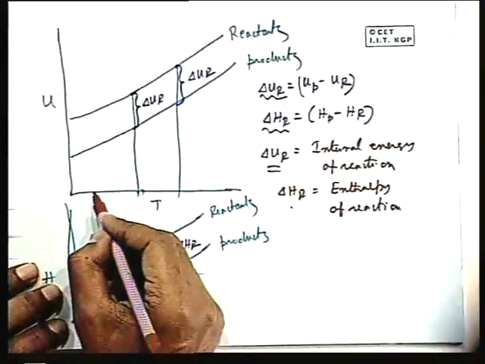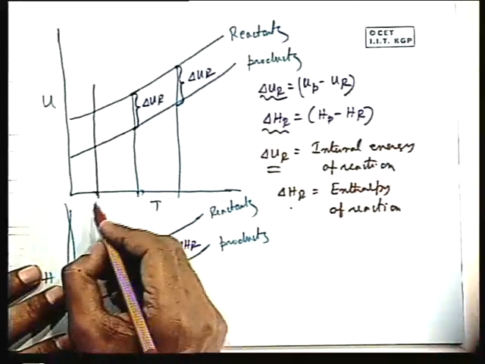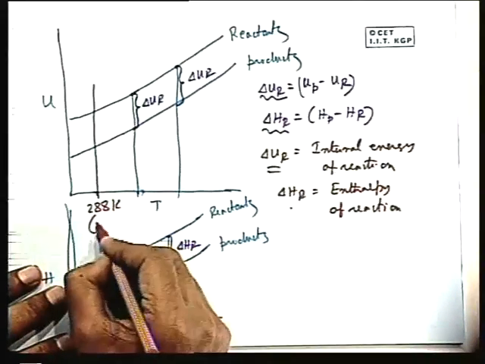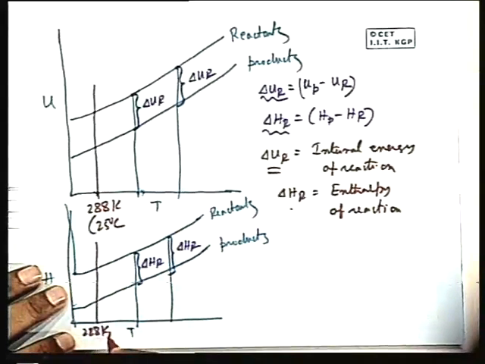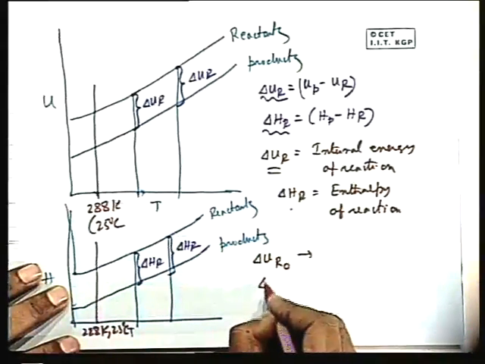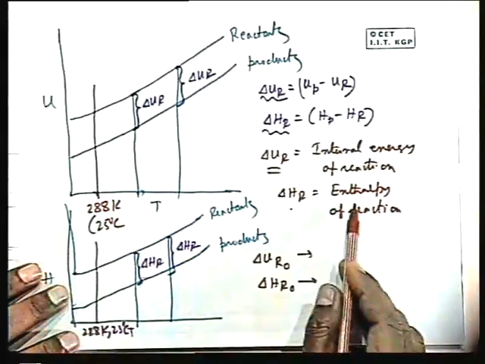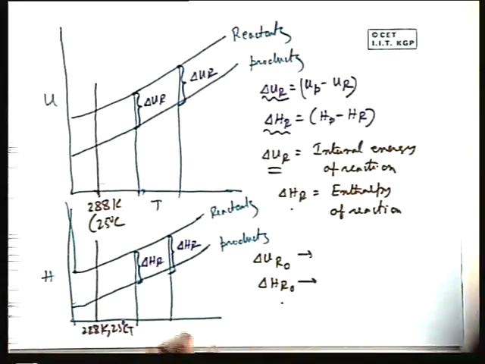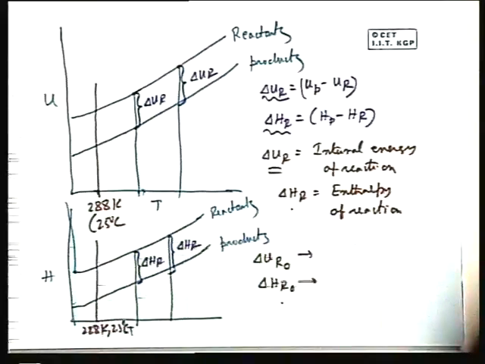Usually the internal energy and enthalpy of reaction are taken at the normal condition, not standard condition rather, you can say 298 K, that means 25 degrees Celsius, given as delta UR0 and delta HR0. They are referred to as internal energy of reaction and enthalpy of reaction at standard condition, and for all practical cases these values are referred to simply as internal energy of reaction and enthalpy of reaction.